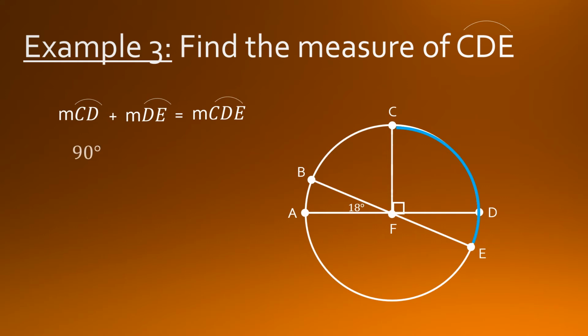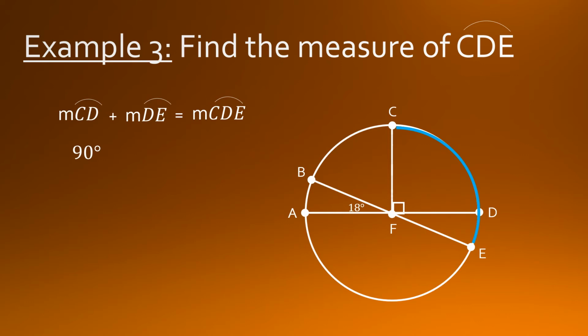So CD measures 90 degrees because we see central angle CFD is 90 degrees, therefore its arc CD is 90 degrees. But what's the measure of DE? We don't even know the central angle to that. But we do, because we see that angle AFB is 18 degrees.